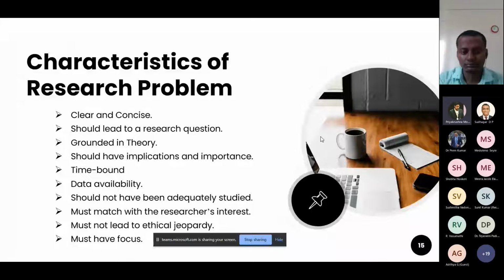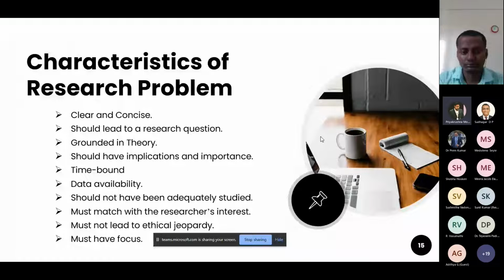Poverty is a very broad concept. You have to clearly say which aspect of poverty you are studying, whether it is inequality, deprivation, or freedom to choose. There are different theories of poverty, and you have to clearly say which theory you are studying.